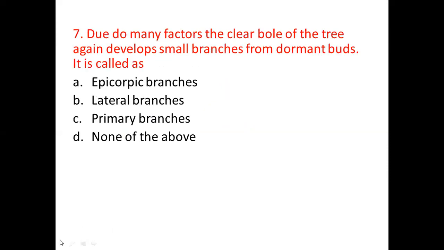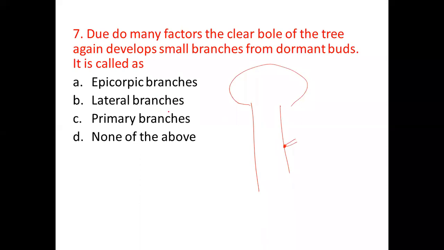Okay, next question. Due to many factors, the clear bole of the tree again develops small branches from the dormant buds. What is it actually called?